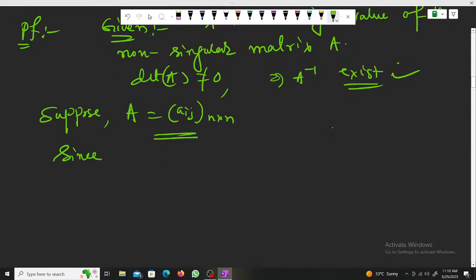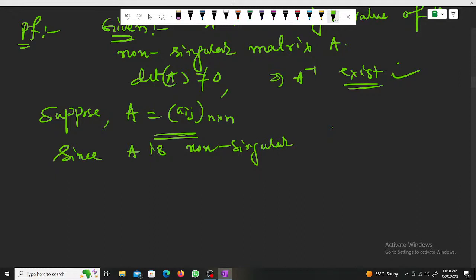Since A is non-singular, so কি বললাম, A inverse exists, and also lambda is not equals to 0.